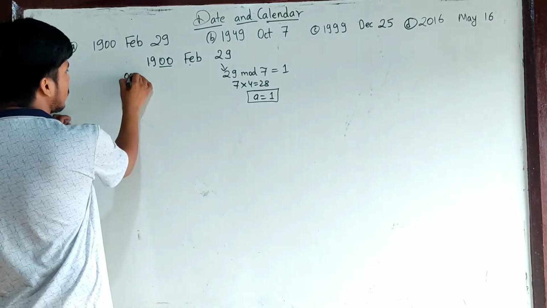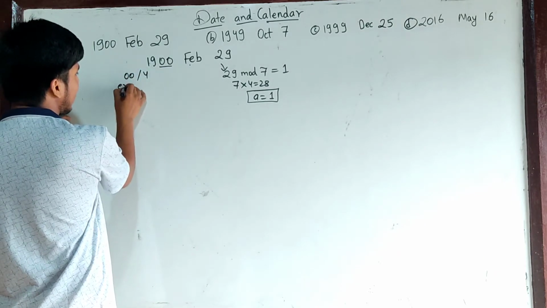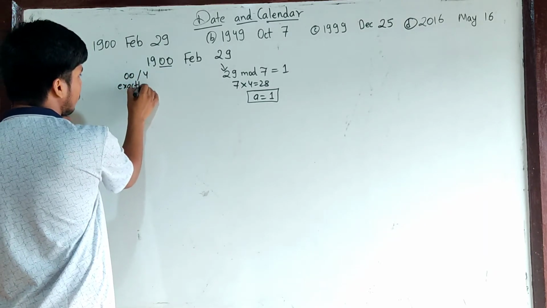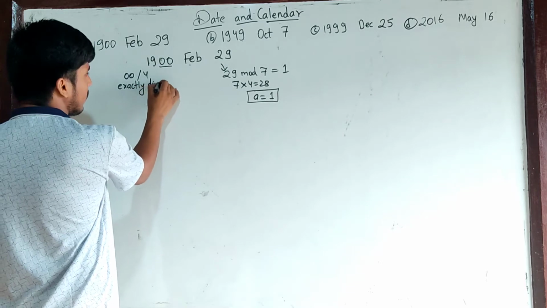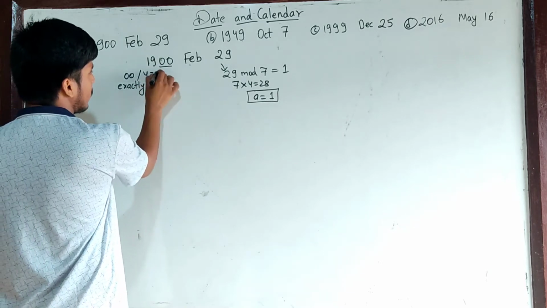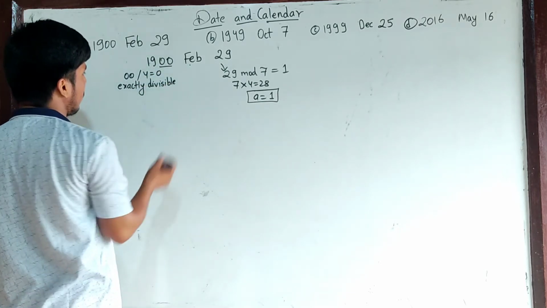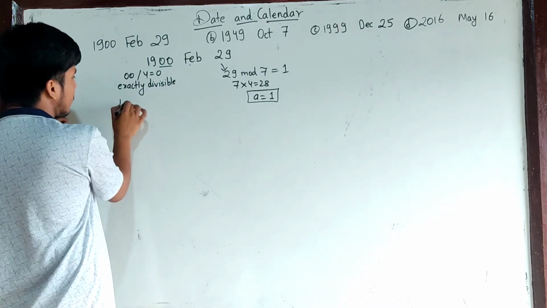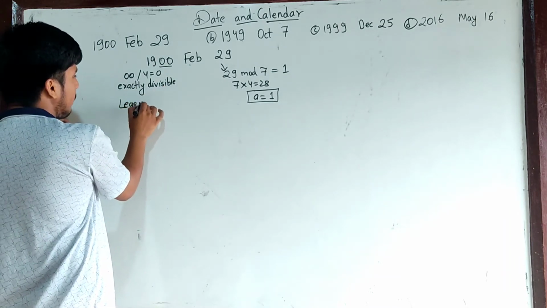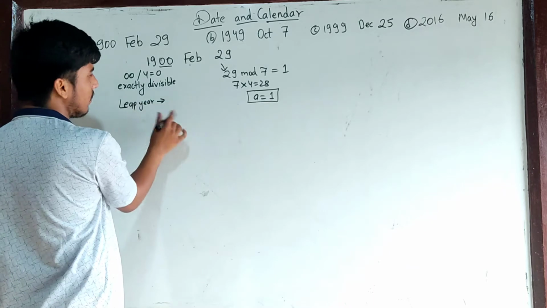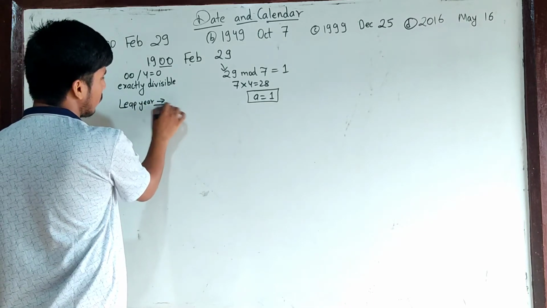So 00 divided by 4 gives us a value 0 without any decimals. So exactly divisible means the year is a leap year, and for a leap year the code B is equal to 0, right?